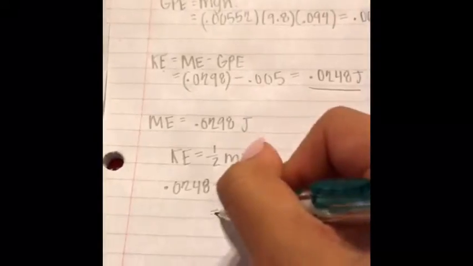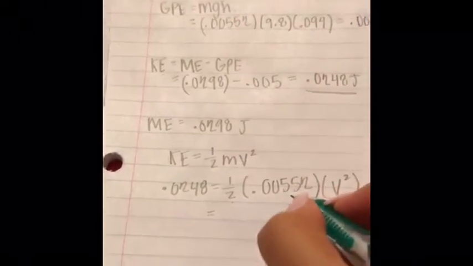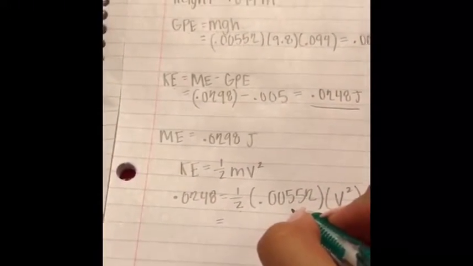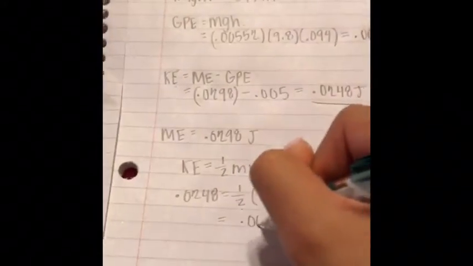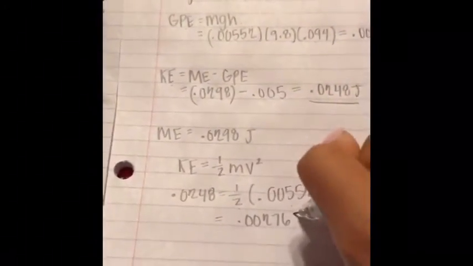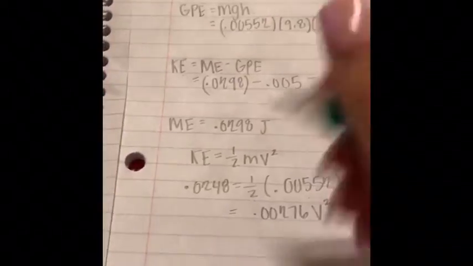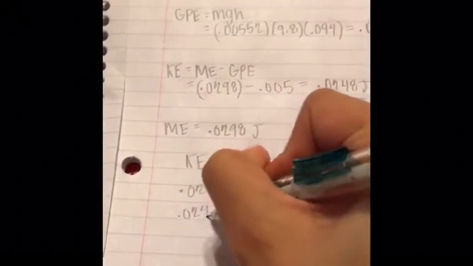You would then multiply 1/2 times 0.00552, and you would get 0.00276 times velocity squared.